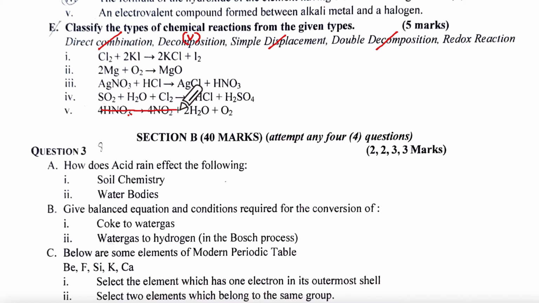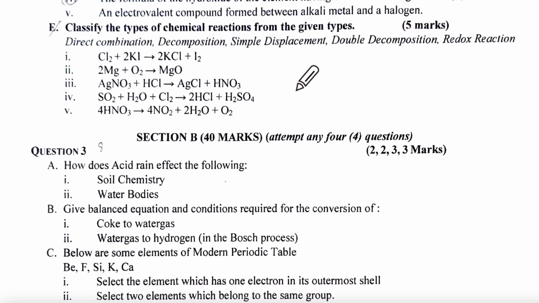This is decomposition. So which one is remaining now? Redox reaction. Redox reaction will be this. Even though you don't understand this, it will be the last option. Now you have to see what is the redox part over here.